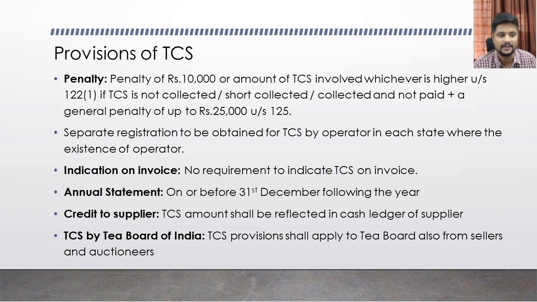There are 2 penalties. Next is, separate registration has to be obtained for TCS by the operator in each state where the operator exists. Wherever the e-commerce operator does his business, in each state he has to apply for a separate registration for TCS purpose. Whether or not he has registered himself under GST, he has to separately get registered under TCS.